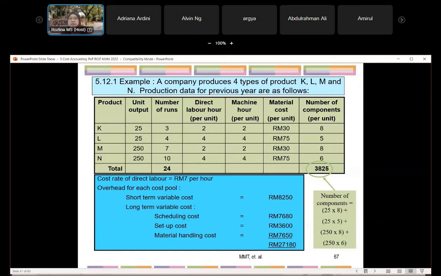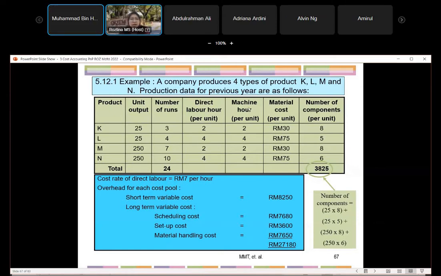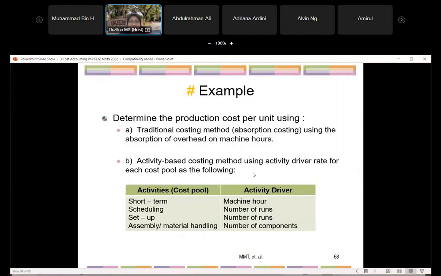Okay, wait. Doctor wants to ask: what is an example of a cost driver? Cost driver is like a basis, we call it the basis. Machine hour, number of runs, number of components.